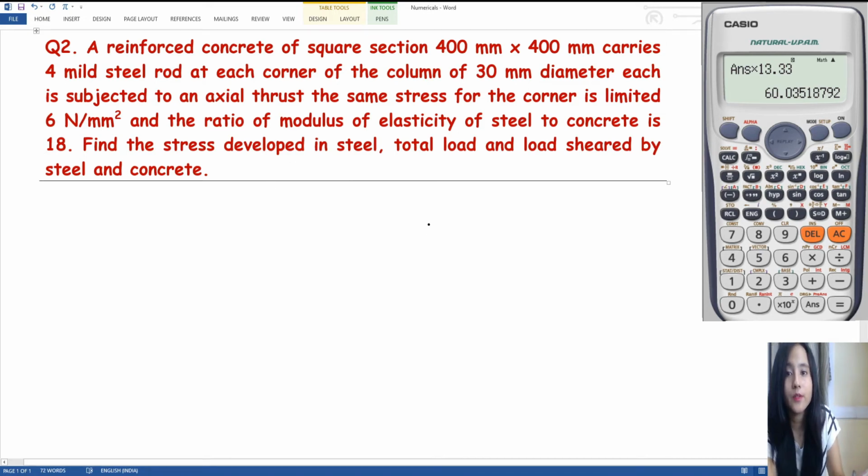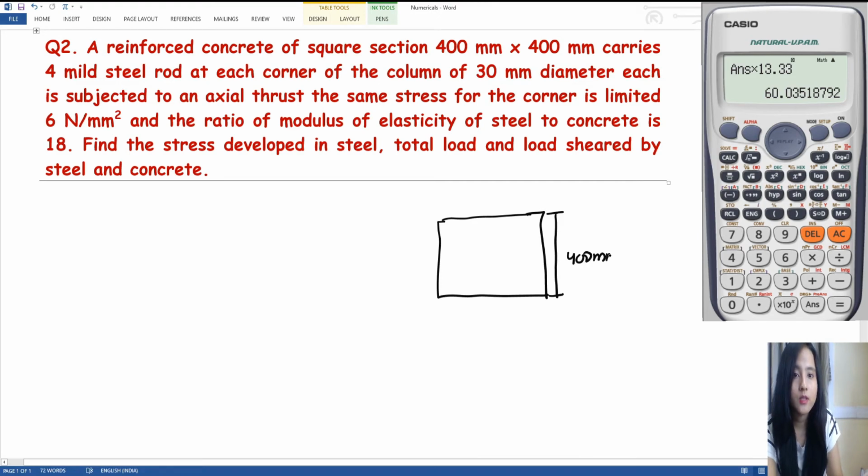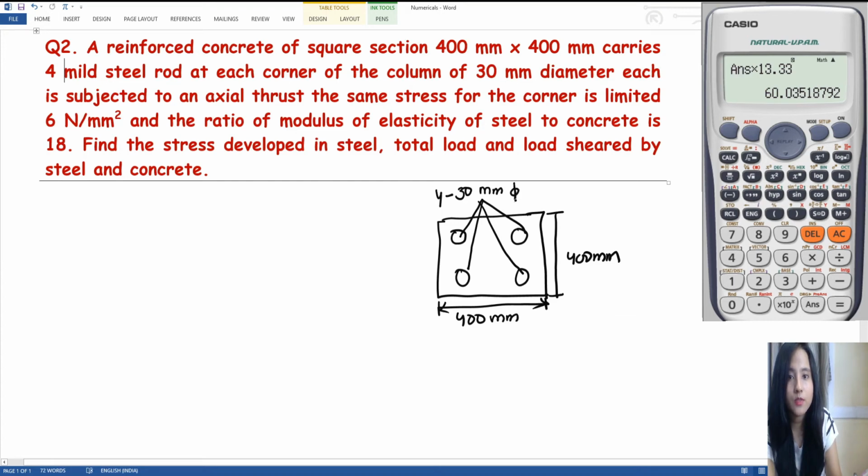So we have a square section, whose dimension is given equal to 400 mm into 400 mm, and it carries 4 mild steel bars, 1, 2, 3 and 4, and these are 4 bars of 30 mm diameter, right.